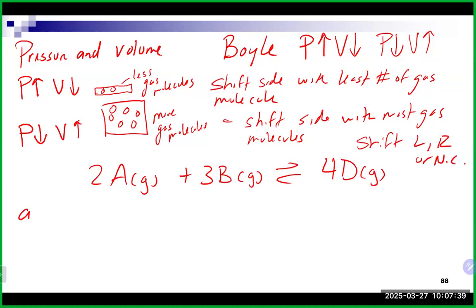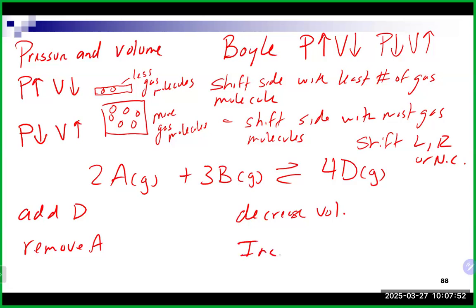If I do the following, let's say I add some D, I remove some A, I decrease the volume, increase the pressure, I add some B. So take a moment there for each of those. Which way?